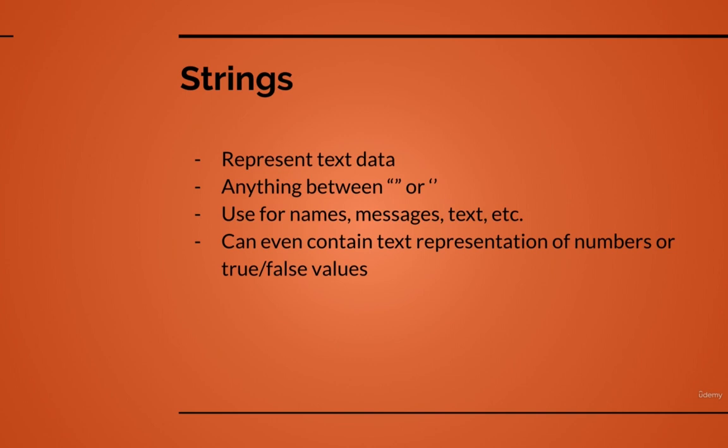We can use strings to represent that, same with true or false values. It should be said that we can convert anything we want to a string, well, within reason, but we cannot necessarily do the same backwards. Like I said in the previous example, if we have someone's name, it doesn't really make much sense to convert that to a number or a true or false, but if we have a string representation of a 1, absolutely we can convert that to an integer.